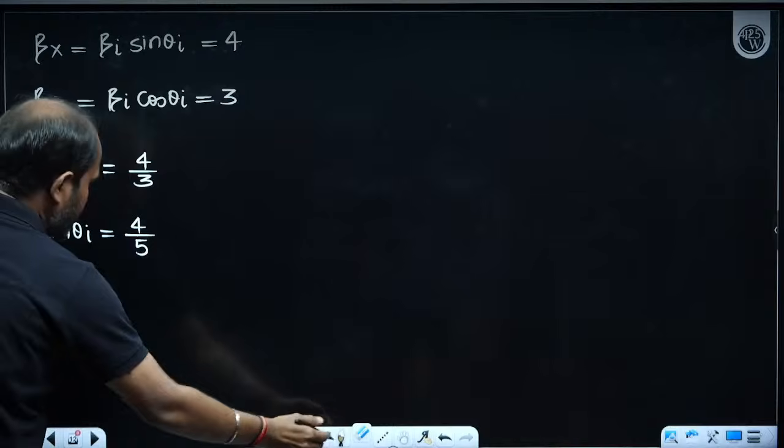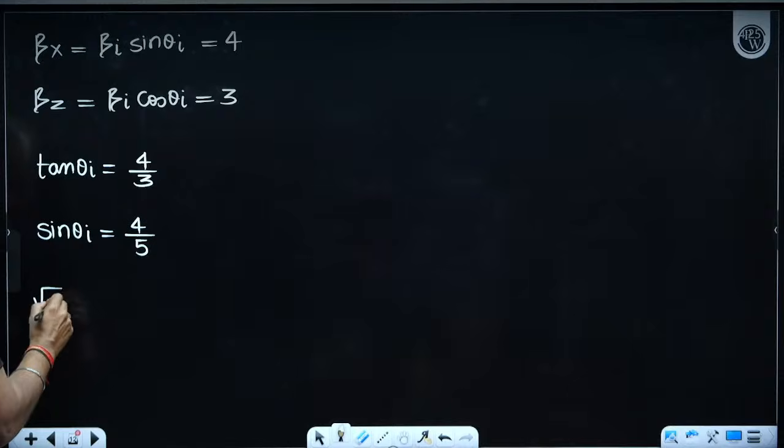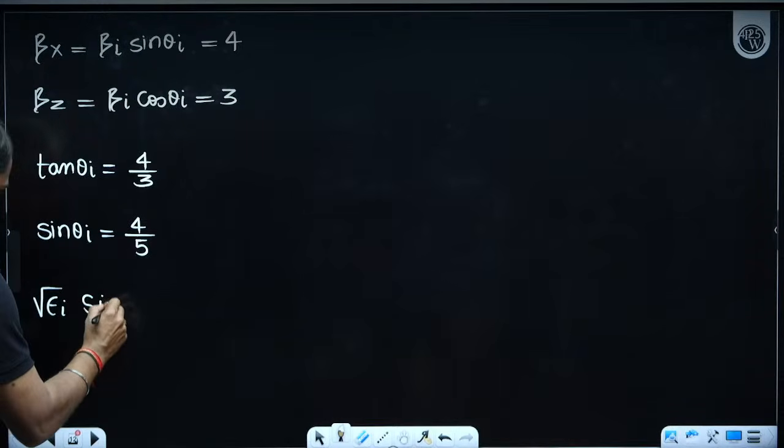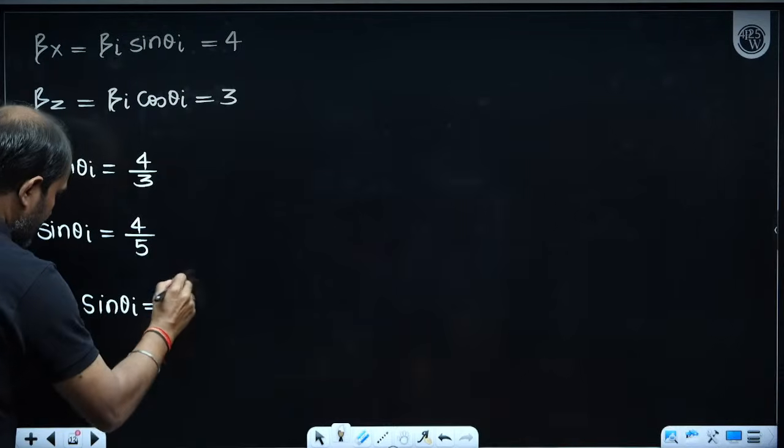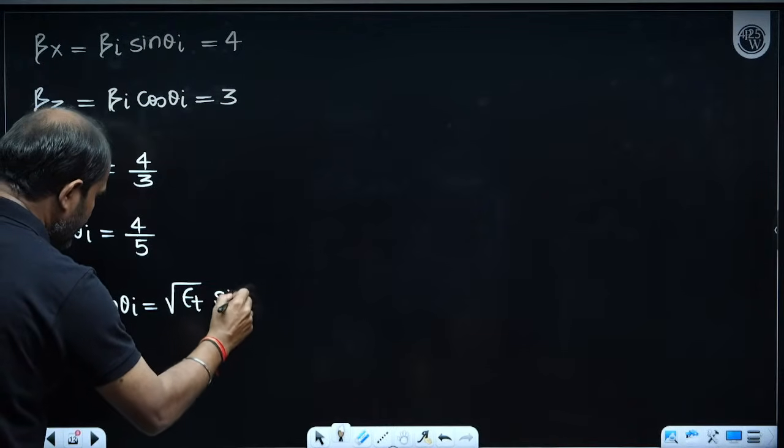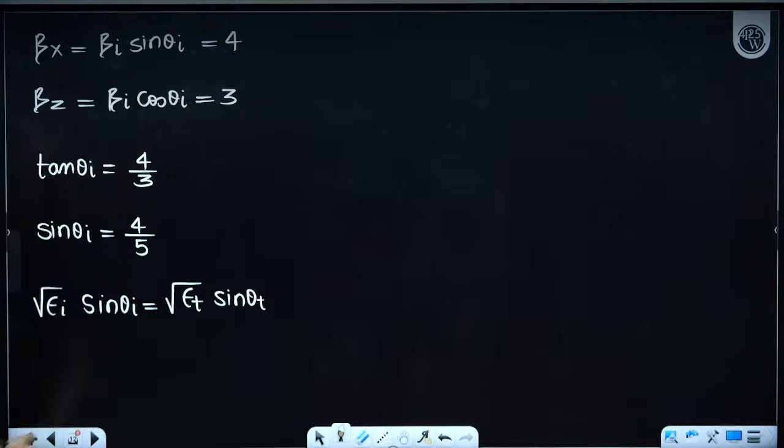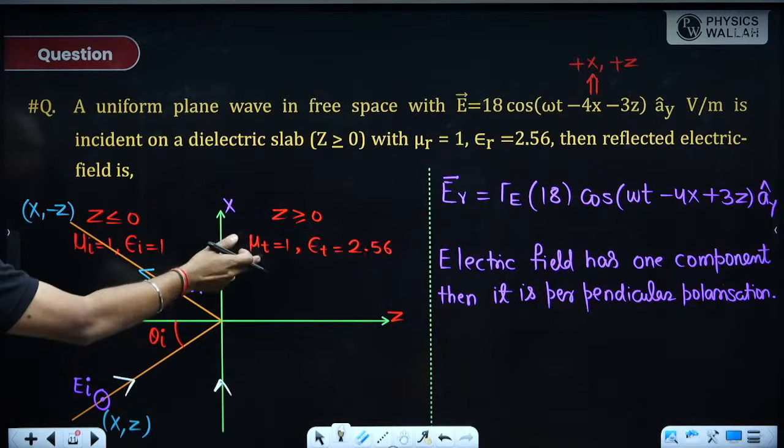Then under root epsilon I sin theta I equals under root epsilon T sin theta T, because mu I and mu T is 1.